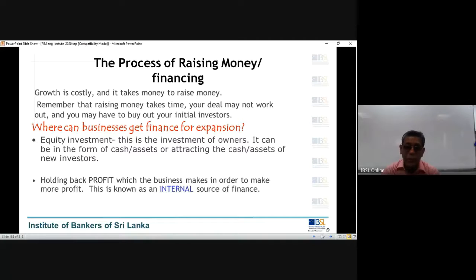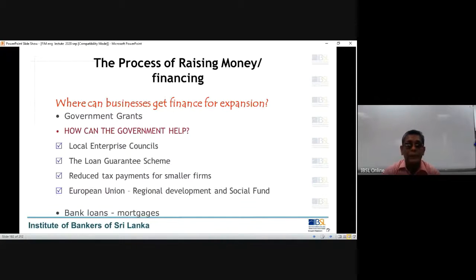That is what you call an internal source of finance. That's the second method; you can write under number two retained profits, holding back profits. Right, two methods. Now the third method: sometimes you can get government grants.